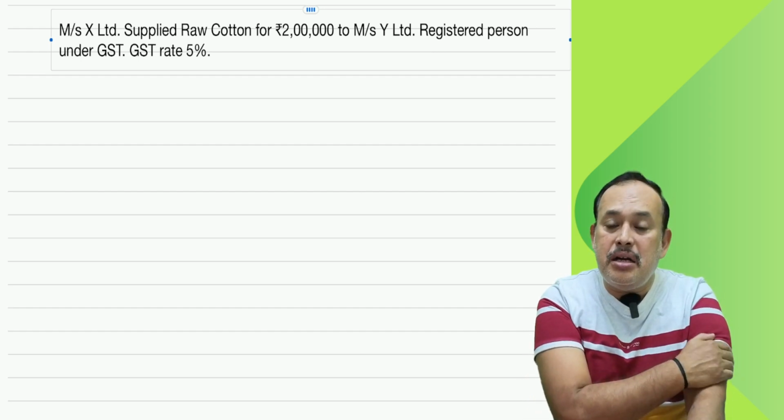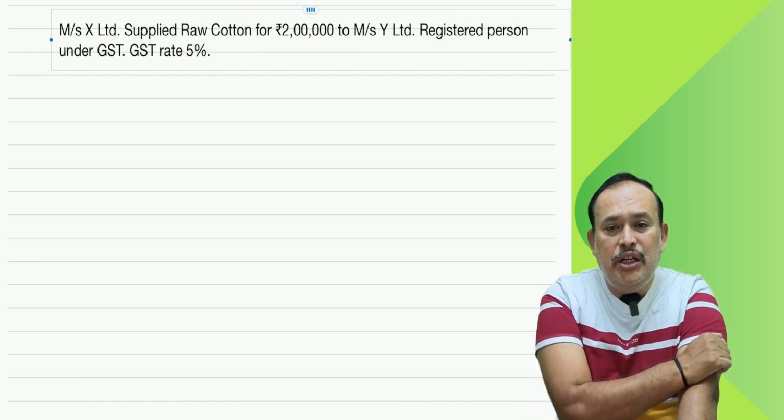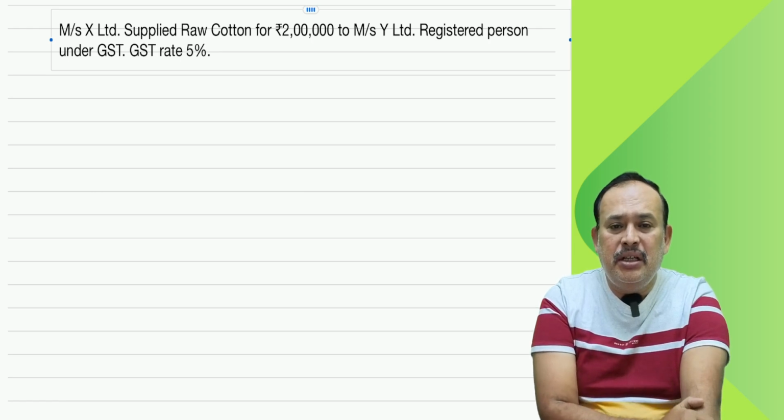If the raw cotton is supplied by a manufacturer of raw cotton to a registered person, is it under RCM?